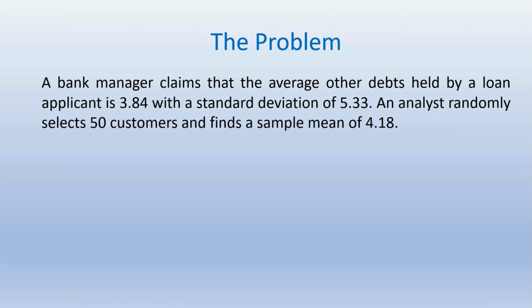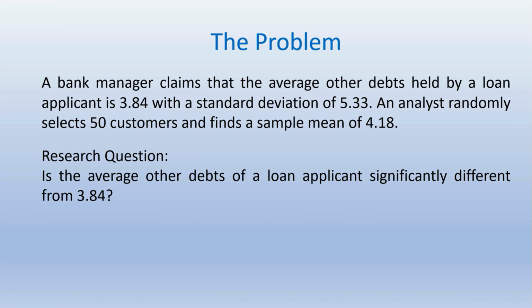The problem here can be framed as: a bank manager claims that the average other debts held by a loan applicant is 3.84 with a standard deviation of 5.33. An analyst randomly selects 50 customers and finds a sample mean of 4.18.